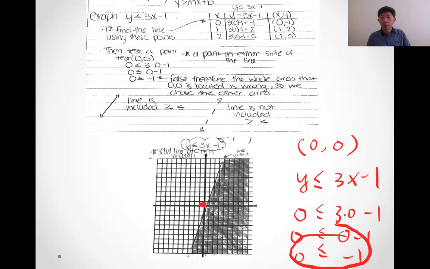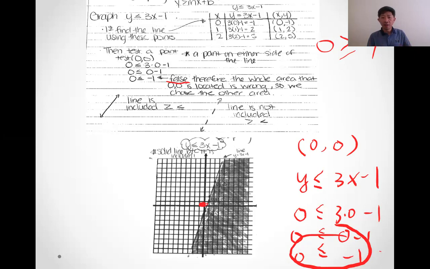No, it is false, right? 0 is always greater than negative 1, right? But in this case, if I do the test point (0, 0) and I find it is false, it's not true, then what should I do?